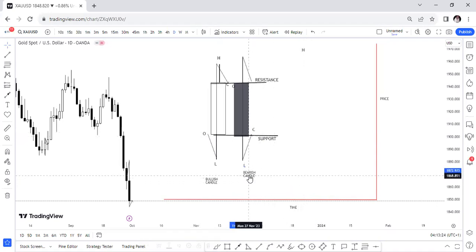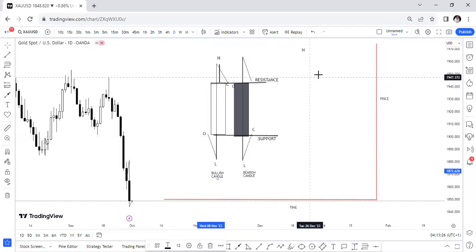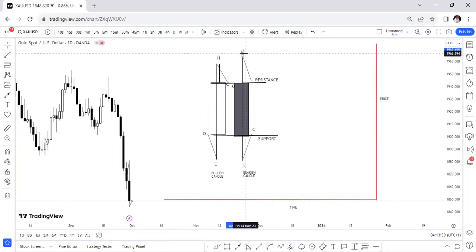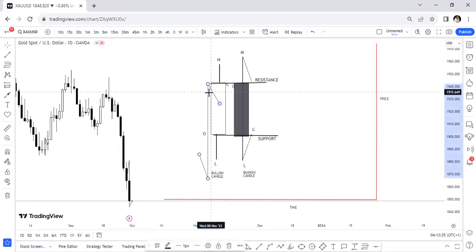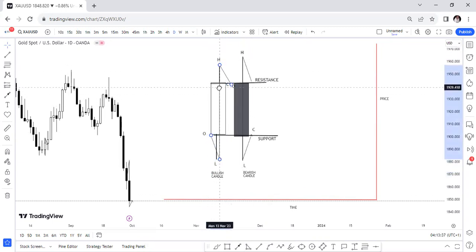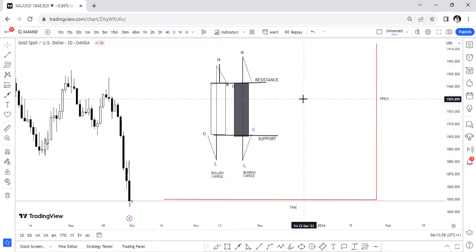This is a bearish candle. So they come together to form what we call the support and resistance. If you take note of that information, we're going to make use of this information in our next episode.